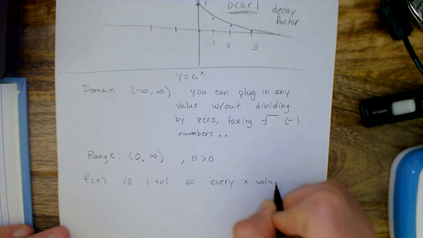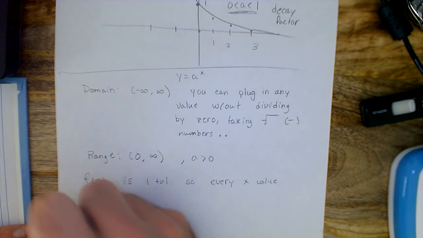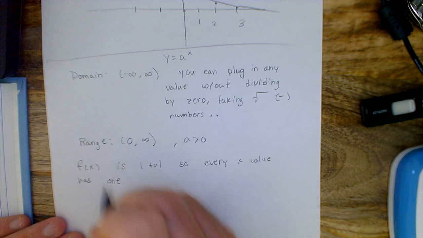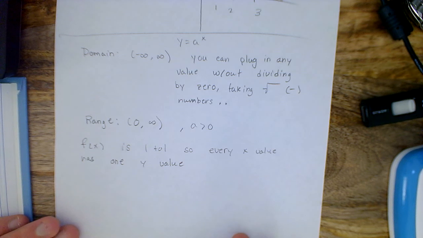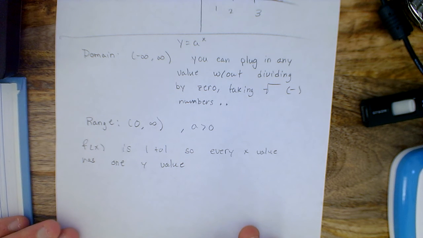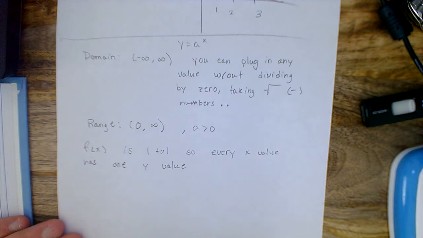Some examples of functions that are not 1 to 1 would be like y equals x squared, because negative 2 and positive 2 both map to y equals 4, but it's still a function. So this one is 1 to 1. There's only one x value that gives you that y value back. So in other words, it also has an inverse.